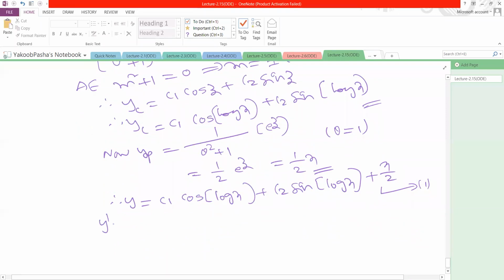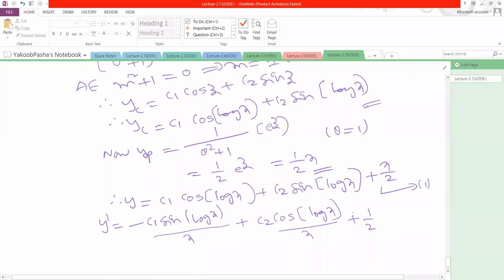That is y dash is equal to minus C1 sin log x, again differentiating log x we get 1 by x, plus C2 cos log x into 1 by x, plus x by 2 differentiation is 1 by 2.